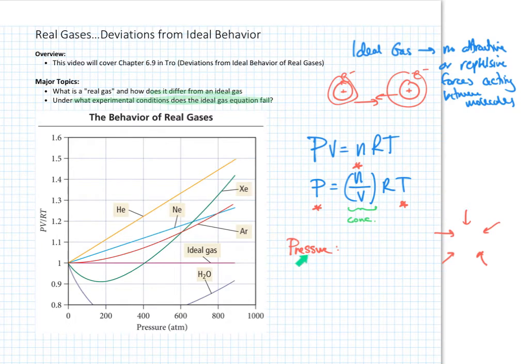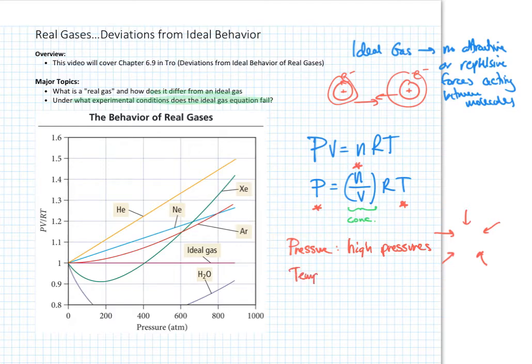So at high pressures, the ideal gas equation fails. At low pressures, molecules are far away from each other. They're not forced into a situation where they're near each other. So at low pressures, the ideal gas equation is great. When we go to higher and higher pressures, they begin to interact more and more, so the ideal gas equation begins to fail.